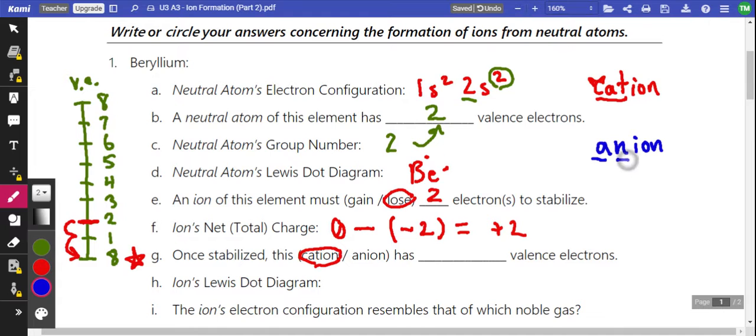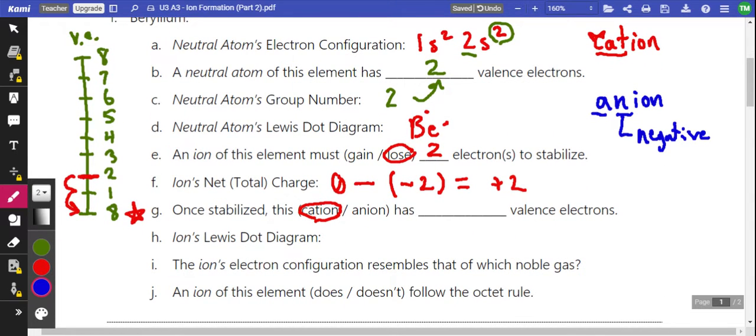So A is A, N is negative. So anion is kind of like a negative ion. Now, is that really where the word came from? No, but it might help you remember it. It's kind of a little trick there. Okay, so once stabilized, this is going to become a cation.